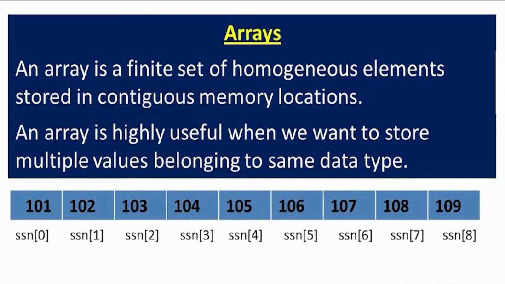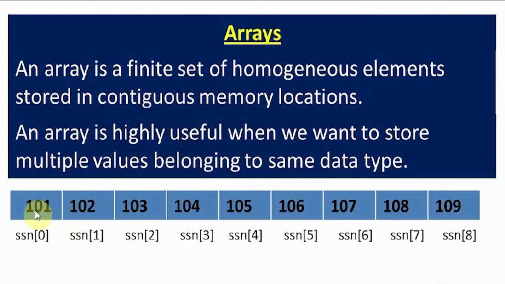Let me show you with the help of an example. Suppose I want to store the social security numbers of 9 persons. In order to do that, had I not been well versed with arrays, I would have been required to declare as many as 9 separately named variables.